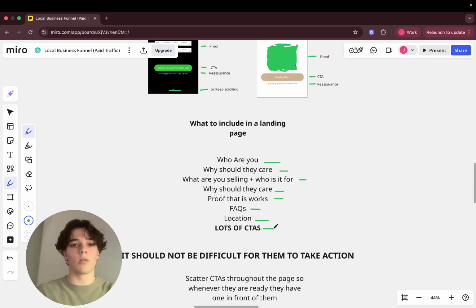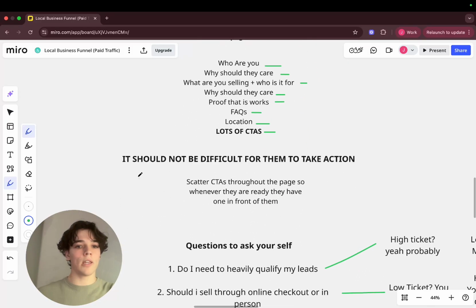So, the buttons throughout your page where they can go to the next step, the next page, whether it's booking, whatever. Just so that if they're scrolling down the page and they think, okay, that's good, I want to book now, they don't have to scroll all the way up to the top to click it. There's a button in front of them every step of the way. So basically, it should not be difficult for them to take action.